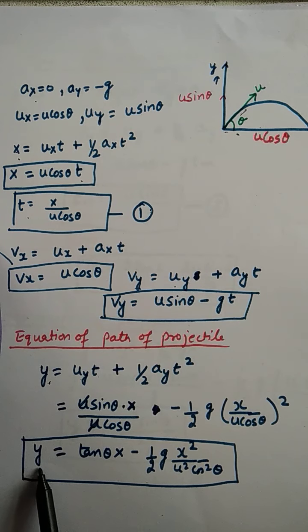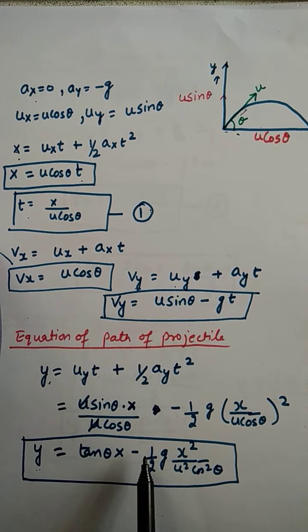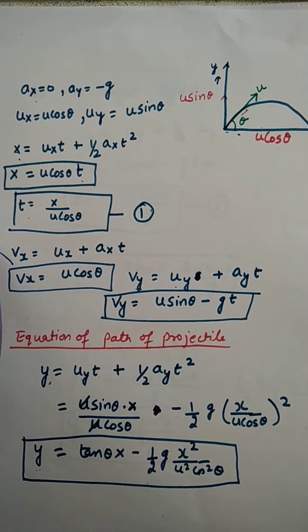And I get the equation of trajectory of a parabola, that is y is equal to tan theta into x minus half g x square upon u square cos square theta. Whenever you come across such an equation of motion, that means that this type of body is following a projectile motion.